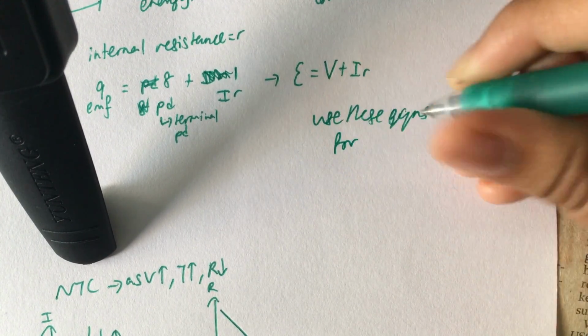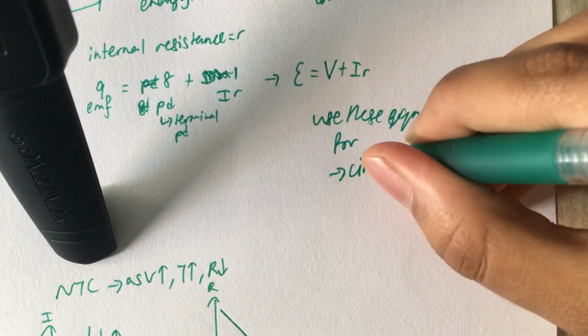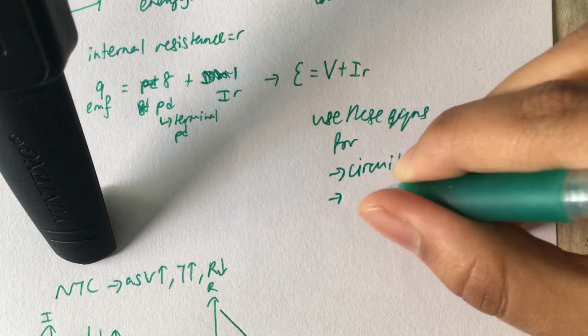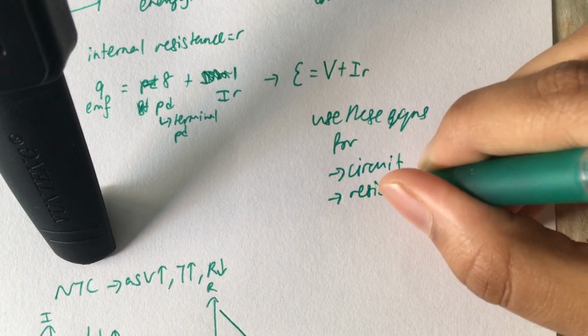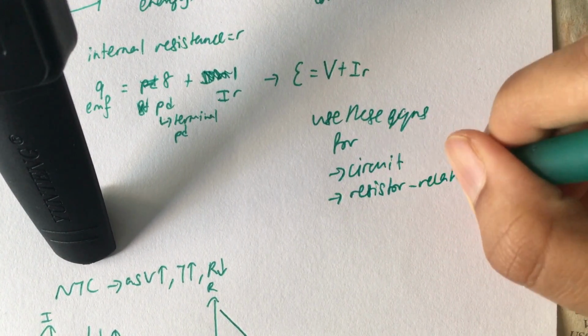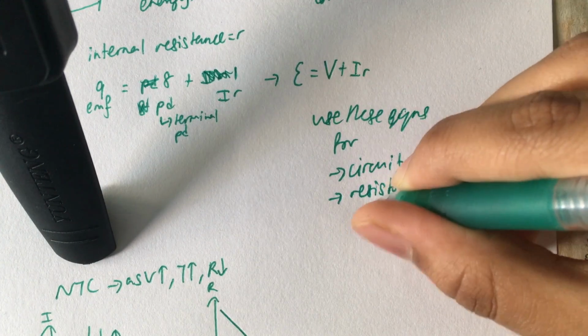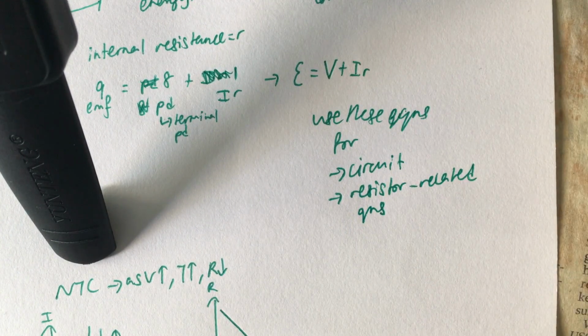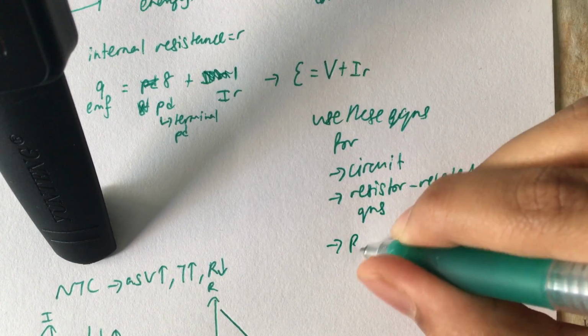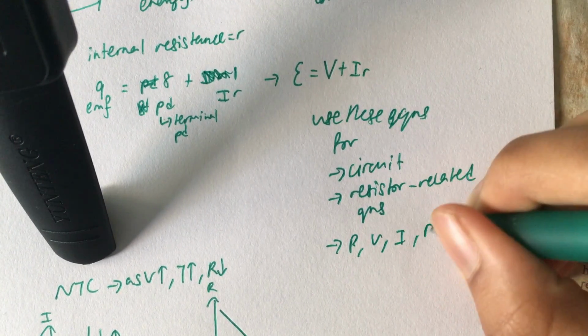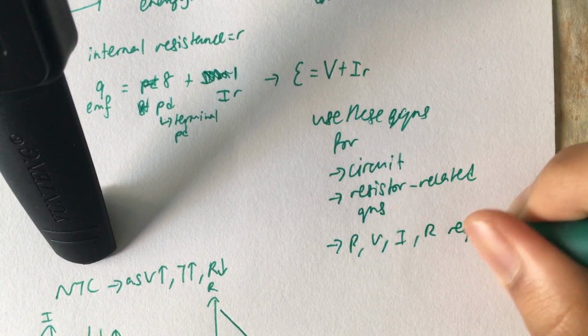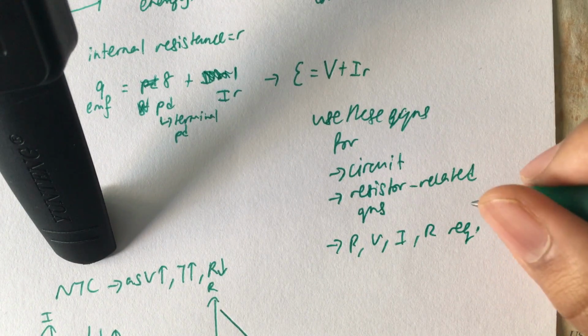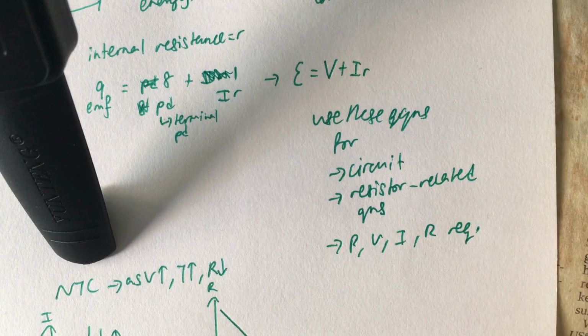Or if it's talking about a resistor or a transistor. Basically anything related to moving a current around, then you probably have to use one of these equations. So that's how you figure out where to use the equation.